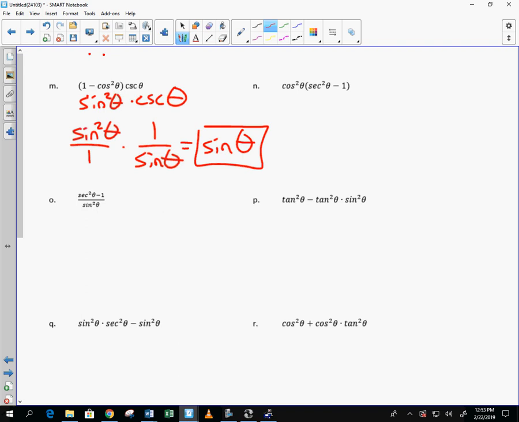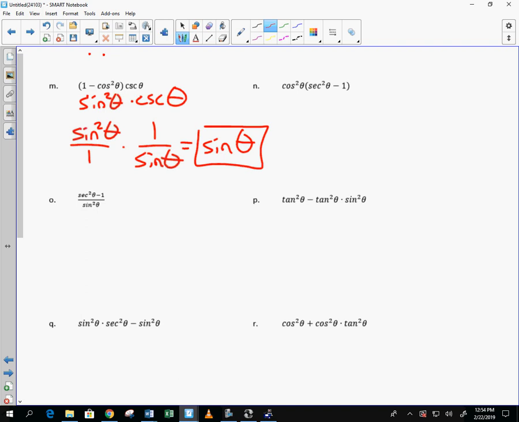What about letter N? Secant squared. I remember something about a secant squared and a 1. 1 minus cosine squared, that whole piece is sine squared. Let's look at our sheet.